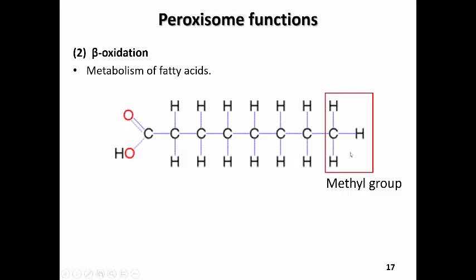hydrogen atoms. The right-hand side, the CH3 end, is referred to as the methyl group, and the carbons on the opposite side carry a particular designation. So you skip the first carbon on the carboxylic acid side of the fatty acid. This end is the carboxylic acid side. You skip the first carbon. The next carbon is called the alpha carbon.